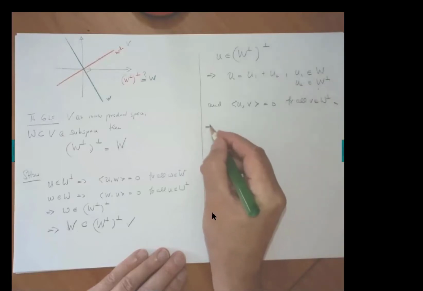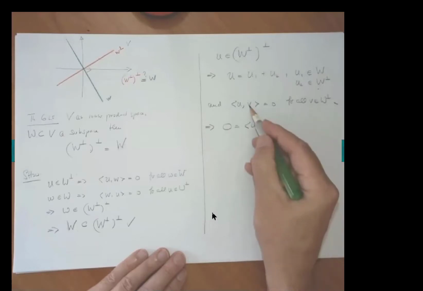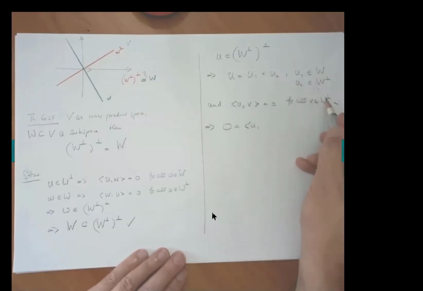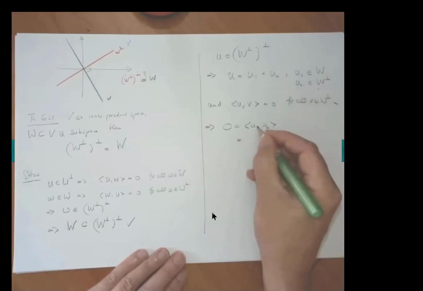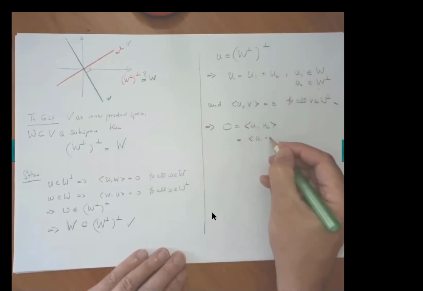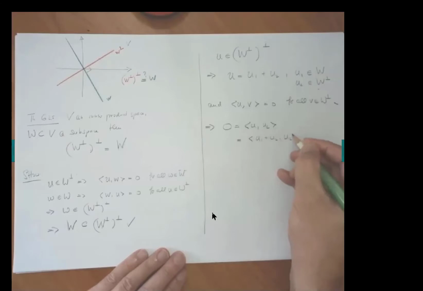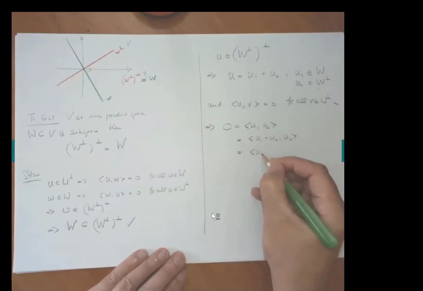So that means 0 is equal to the inner product of U with U2, since I can put any element in W complement, so I can especially take U2. Now U is U1 plus U2, that's how we got U1 and U2. Now we learned that we can distribute for inner products.